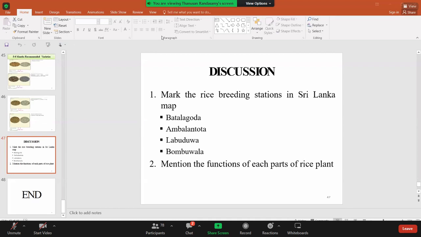Nasrat Banu, do you have any doubt? No, sir. Dilaksi Ravindran? Yes, sir. Vidusana?